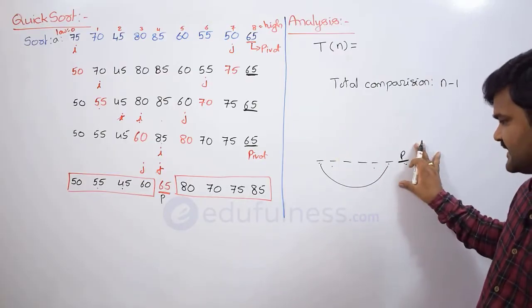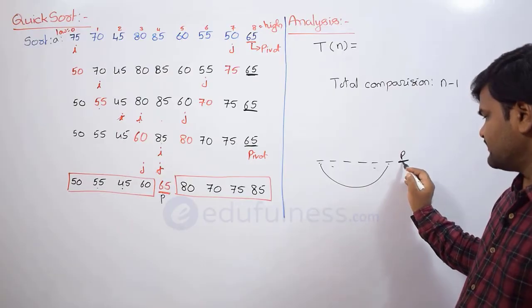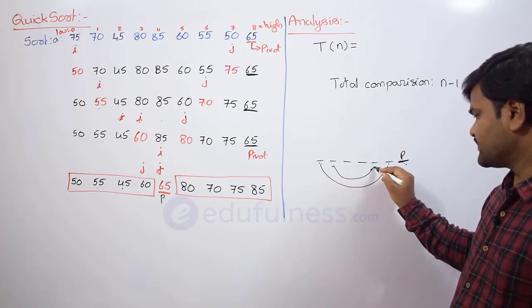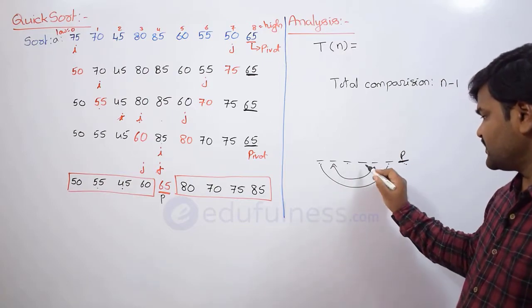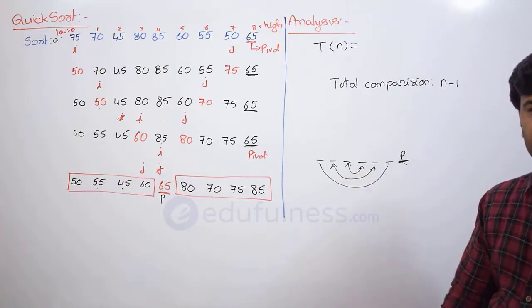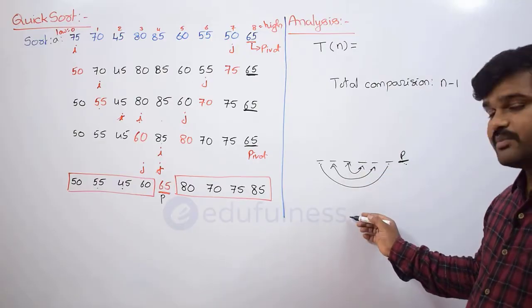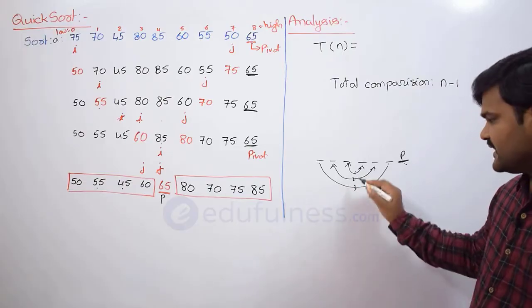So let us try to understand in a general manner. This we compared with the pivot, this we compared with the pivot, and assume that we are going to swap. And this element we compared with the pivot, this element compared with the pivot, so assume that we are going to perform a swap. So how many swaps did you perform actually? 1, 2, 3. Total swaps are 3.